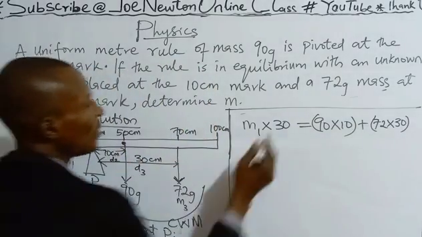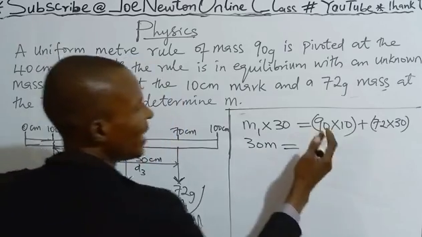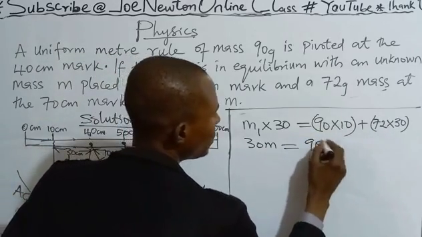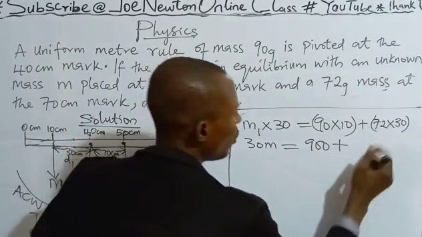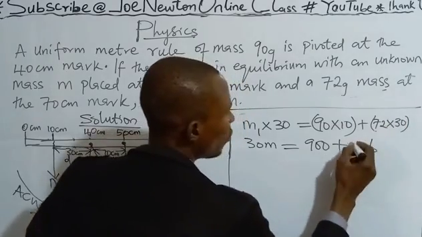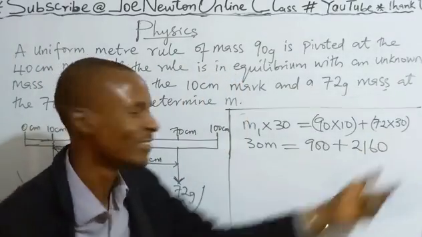Then we continue. 30 times M gives 30m, equals 90 times 10 is 900, plus 72 times 30: 3 times 2 is 6, 3 times 7 is 21, then you put this 0 here, giving us 2160.